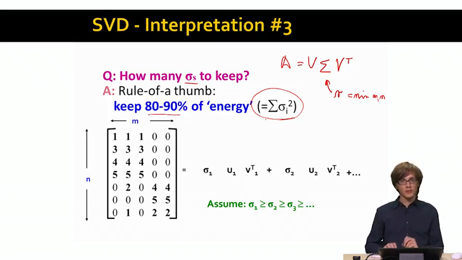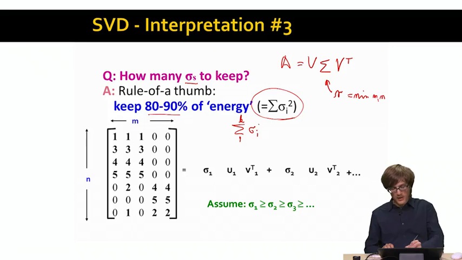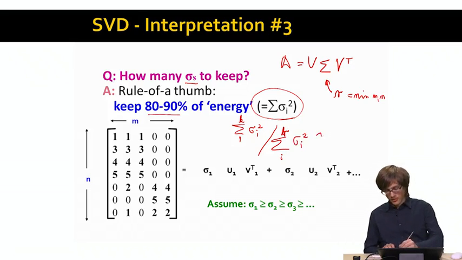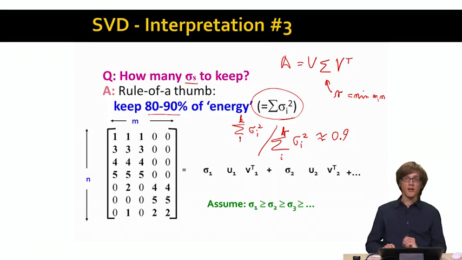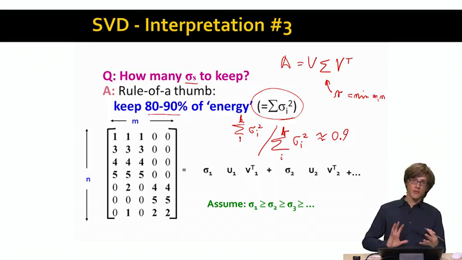Now what I want is to ensure that the sum over the singular values i equals 1 to k of sigma i squared, these are the singular values I keep, divided by the sum of sigma i squared up to r, which are all the singular values I get, I want this ratio to be around 0.8 or 0.9. And this is how many singular values I want to keep, so that I still keep about 90% of the energy.